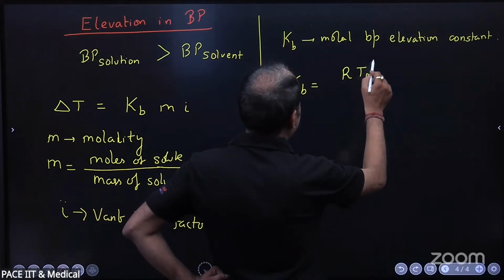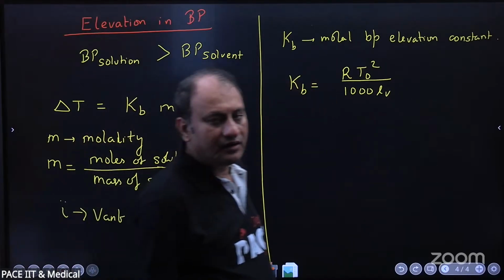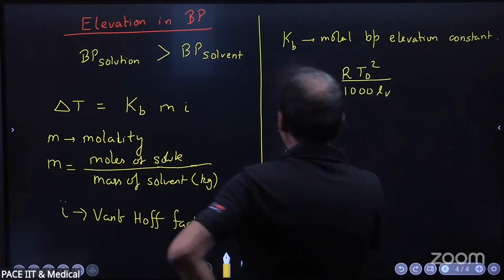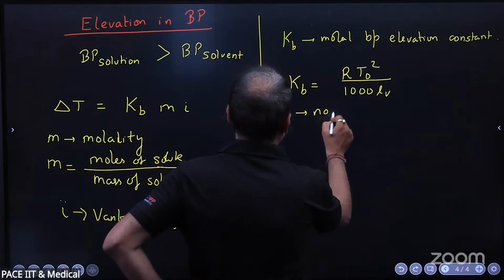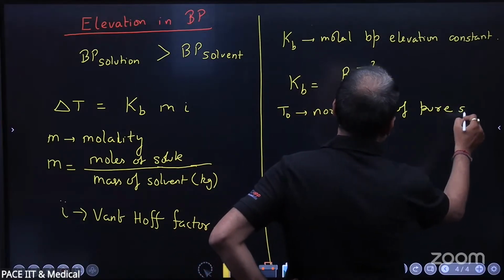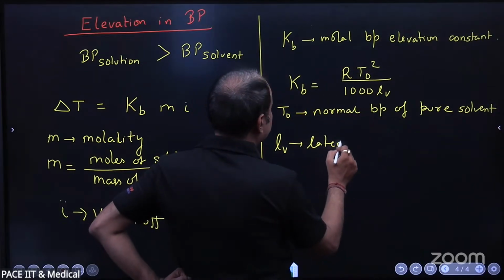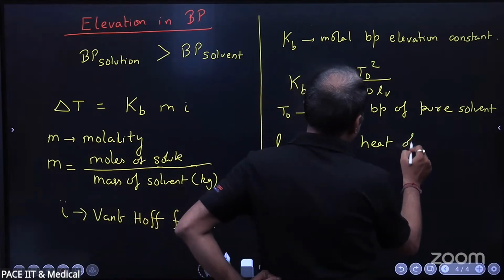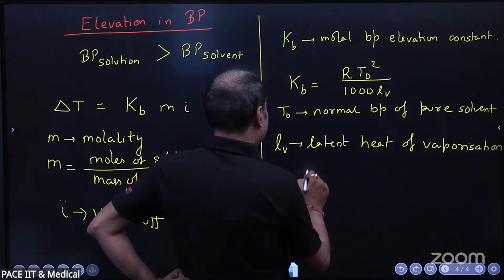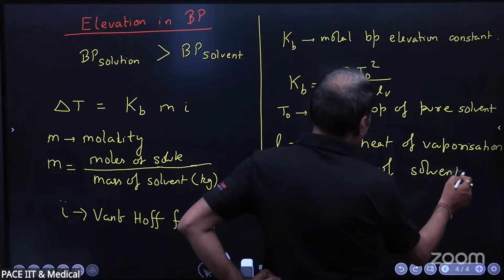Kb is equal to R T naught square by 1000 Lv, where R is the universal gas constant, T naught is the normal boiling point of the pure solvent, and Lv is the latent heat of vaporization per gram of solvent.